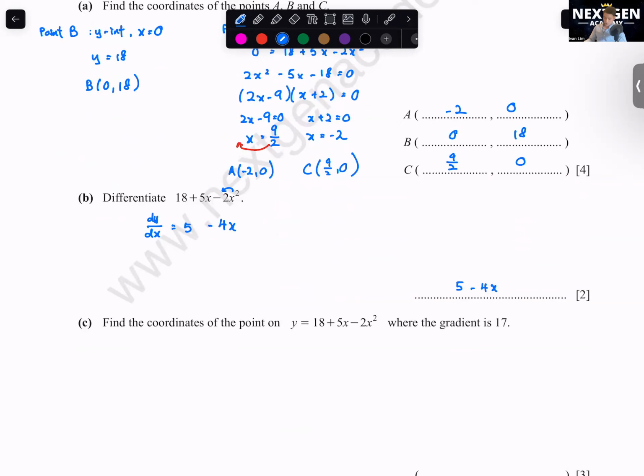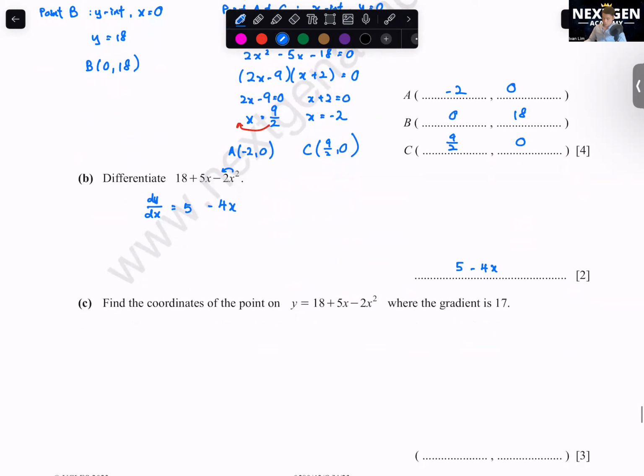Final question. Find the coordinates of the point on y equals 18 plus 5x minus 2x squared where the gradient is 17. How can we find the gradient of a curve? What is the formula? Which equation represents the gradient? dy over dx is also known as the gradient function.